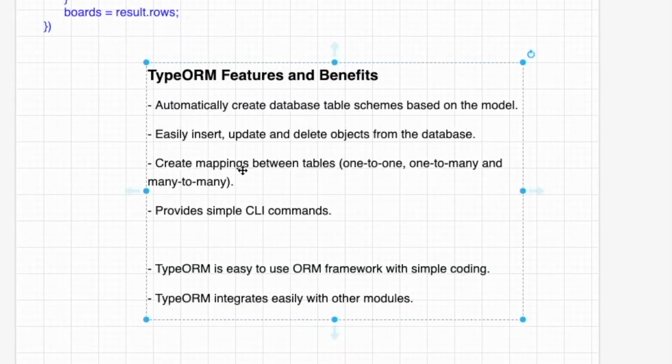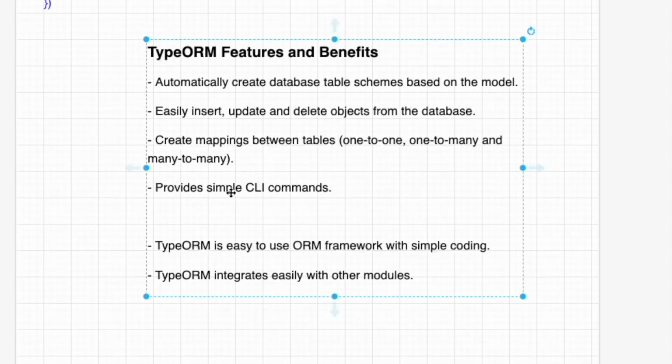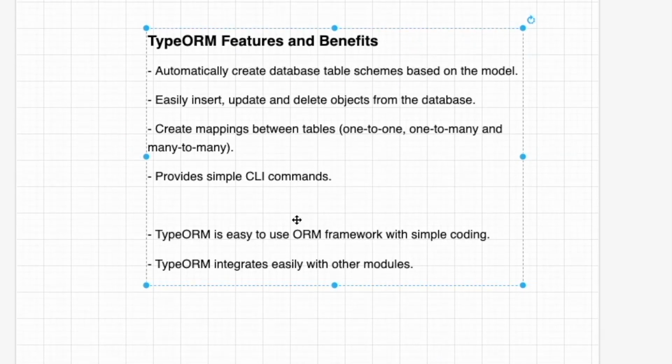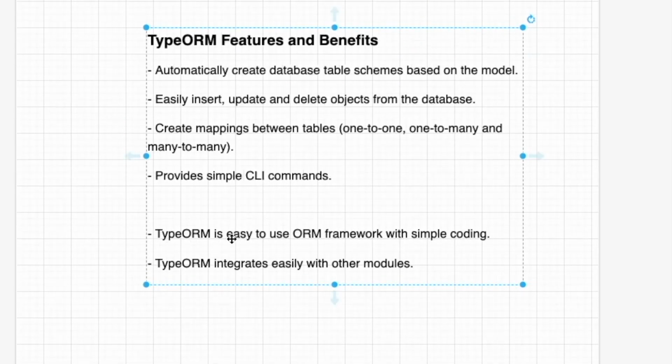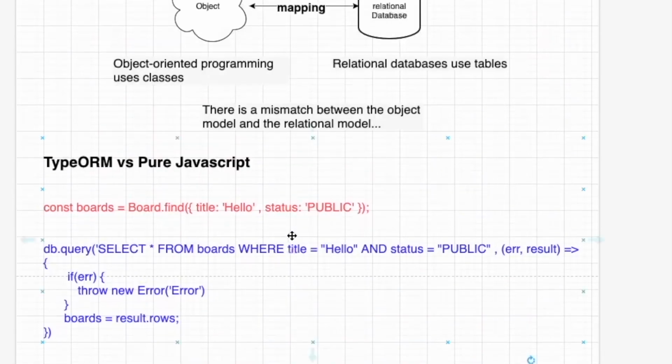It also creates mapping between tables. This one is for the relational part, so we will do it later, like the one-to-one relationship or many-to-one relationship. And it provides simple CLI commands. TypeORM is an easy to use ORM framework with simple coding, and it integrates easily with other modules. So in this project, we are going to use TypeORM with Postgres.